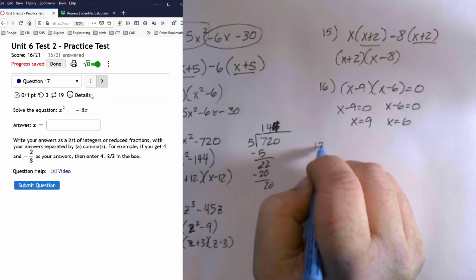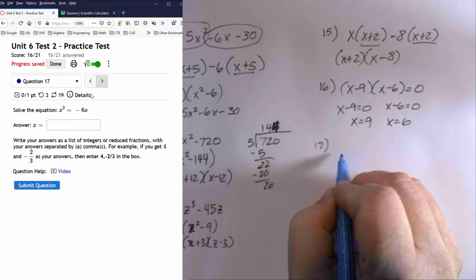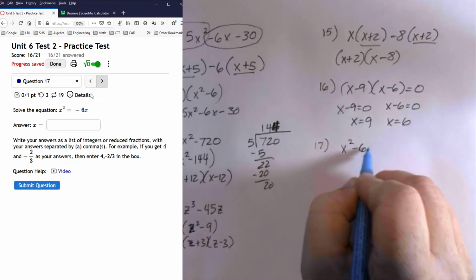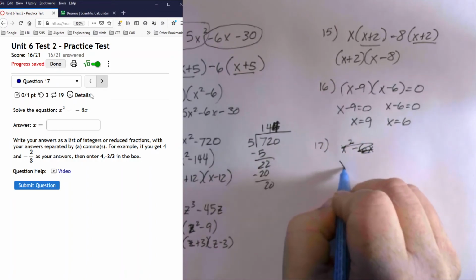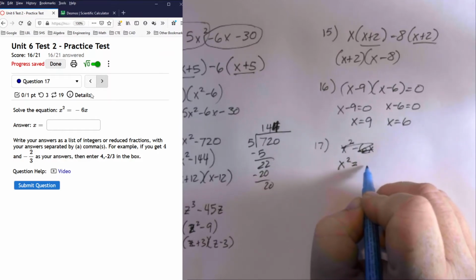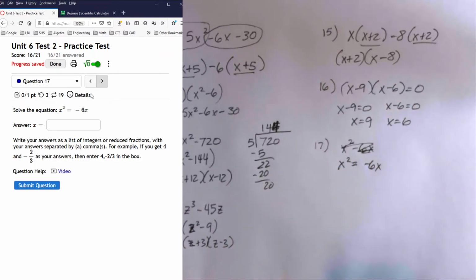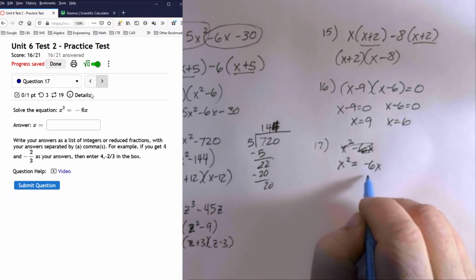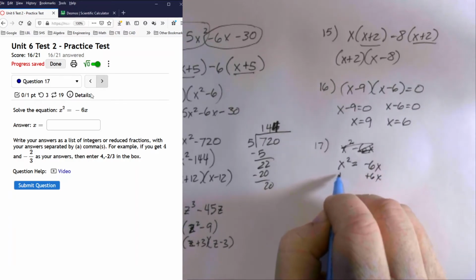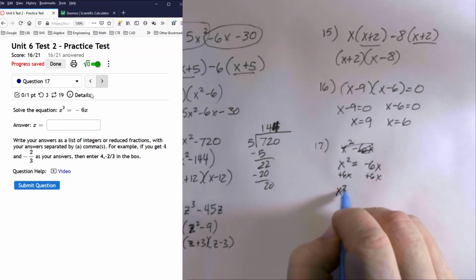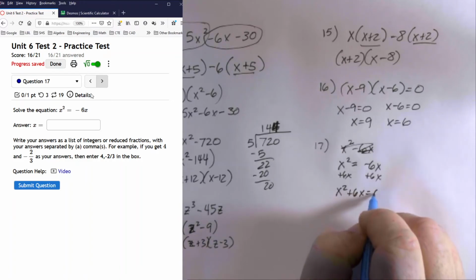Number 17. So here they're giving us an equation, x squared is equal to negative 6x, and they want us to solve that. What they mean by that is they want us to set it equal to 0 and find the values that would make that 0. So if I add 6x to both sides, I would get x squared plus 6x is equal to 0.